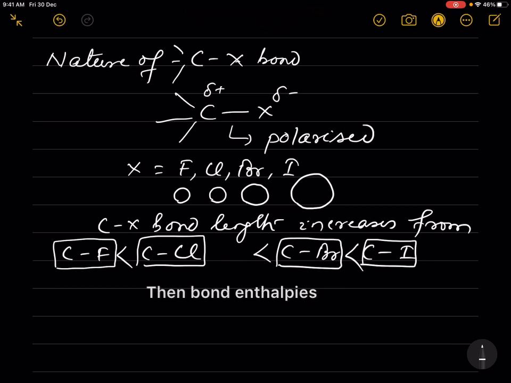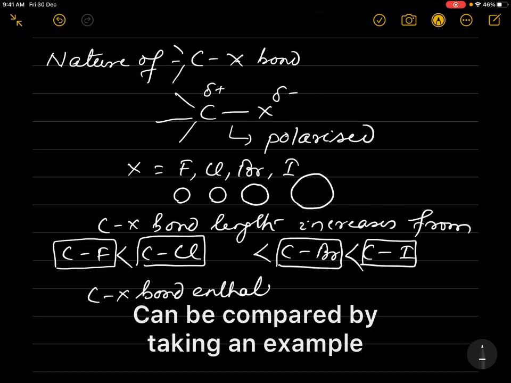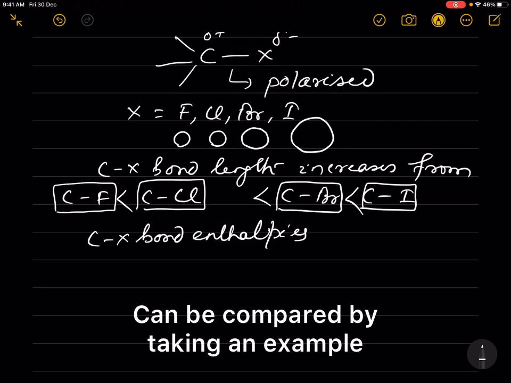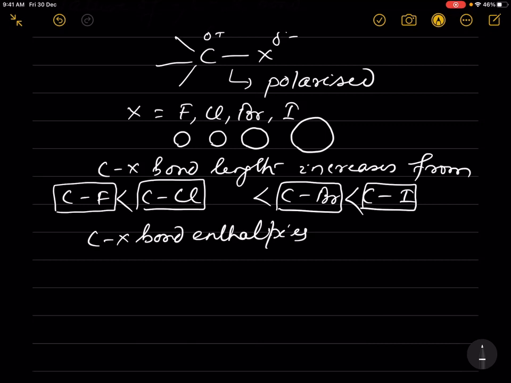Bond enthalpies. Let us take an example: CH3F, CH3Cl, CH3Br, CH3I.